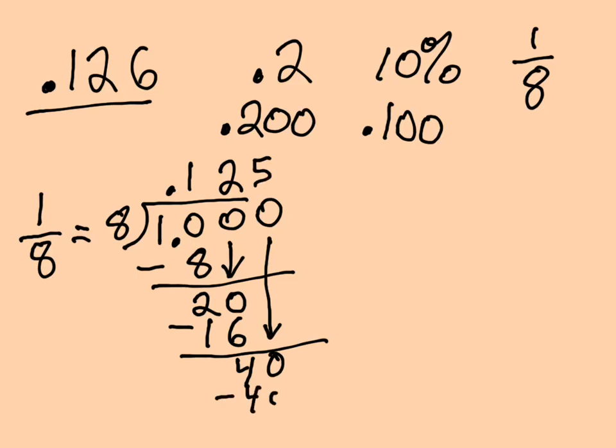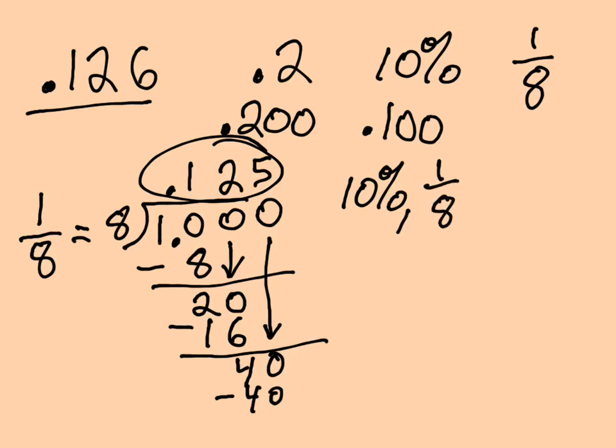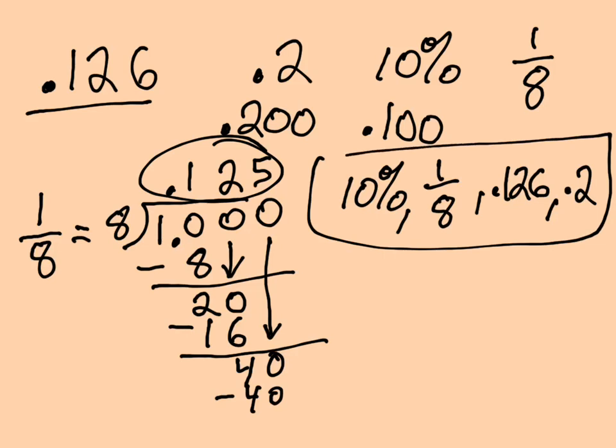I can stop. And it happens to be that I've used up all the numbers, but 3 decimal places. And that tells me that that's going to be enough to distinguish it from the rest of them. And so we have 0.100 is the smallest. So we have 10%. And then we have, looks like 1/8 is the next one, because 0.125 would be the next. And then 0.126, which was just a decimal. And 0.2, which was also just a decimal. And there they are from least to greatest.